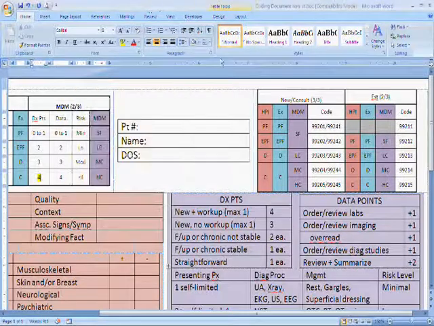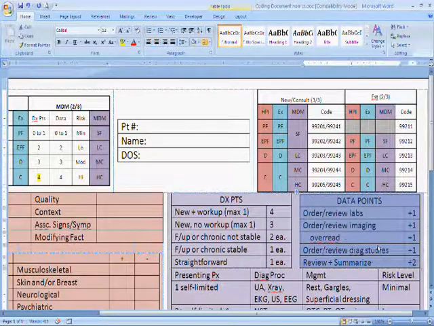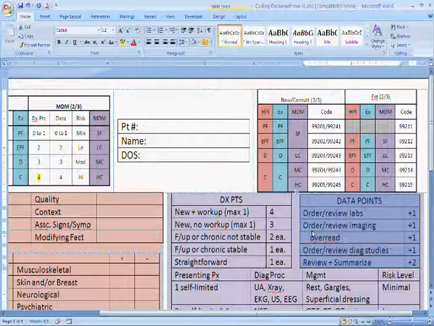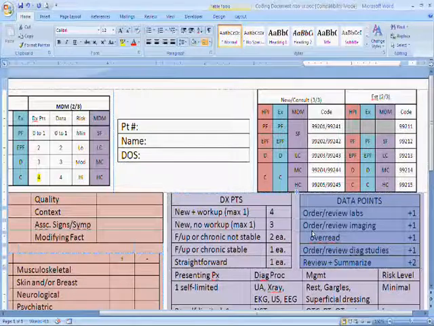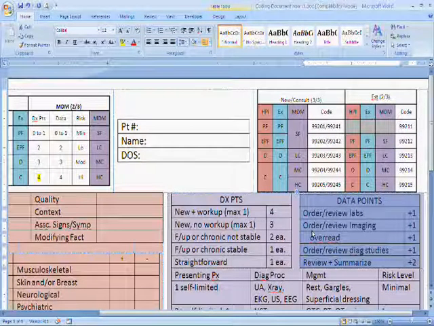So data points are on the right hand side to the diagnosis points that we just went over. This is not a comprehensive list. There are two or three things missing off of this list, and the reason is, again, this worksheet was developed with primary care in mind. The major components are here, and I think you'll see where we're going.